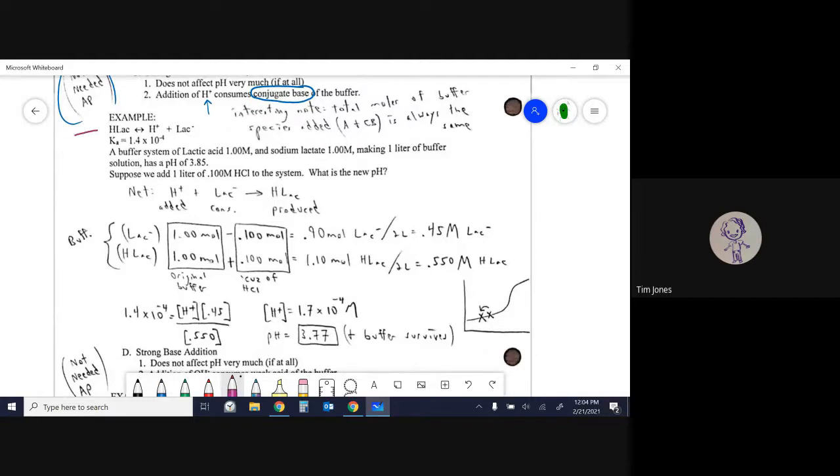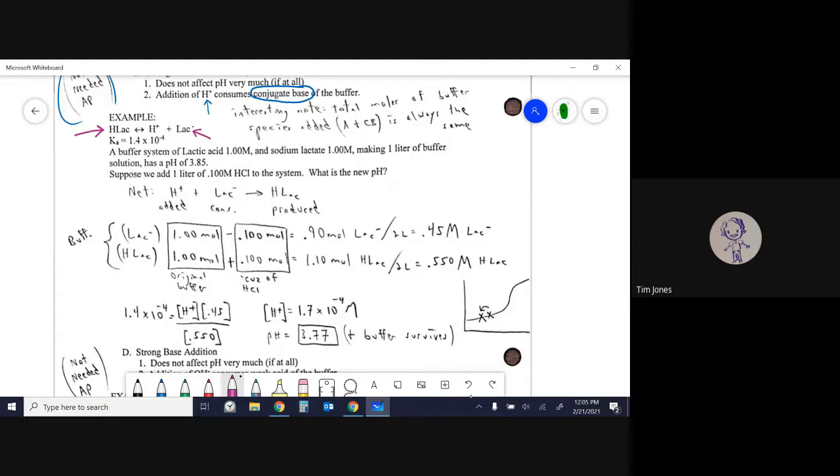We've got the weak acid, lactic acid, which of course you heard of, it's what built up in muscles, and its conjugate base, lactate, which would be a complicated polyatomic ion.